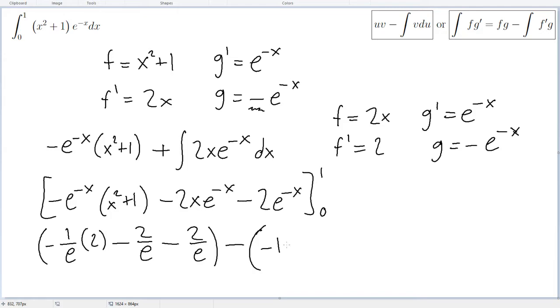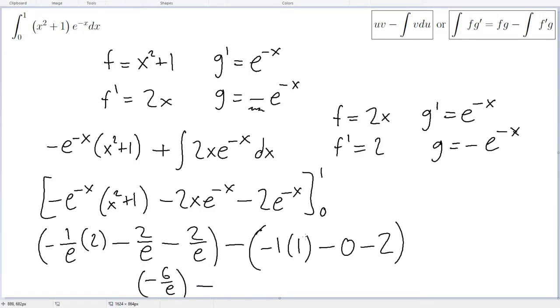X squared plus 1, so plugging in 0, that will just give us 1. And then this is 0, because that x is there. And then minus 2e to the 0, which is 1, so we'll get like this. So simplifying this is like 2 plus, so this is like negative 6 over e, right?